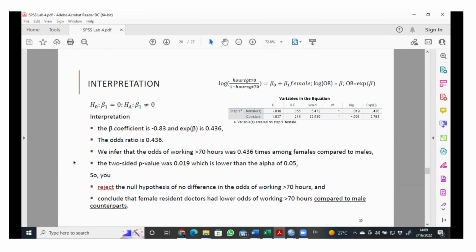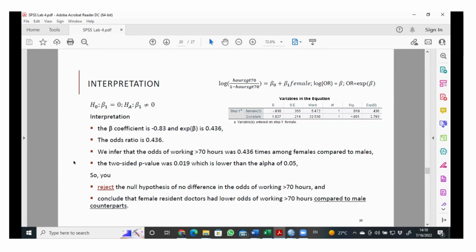I'm sure they will teach you other things about risk ratio and hazard ratio, where the terms used are likely, but in terms of odds ratio, we don't use the word likely, we don't talk about likelihood, right? So the odds of working greater than 70 hours is 0.436 times among females compared to males.